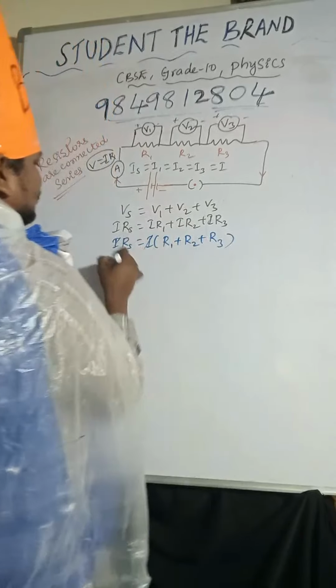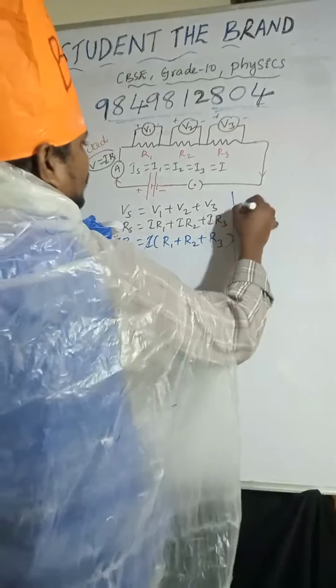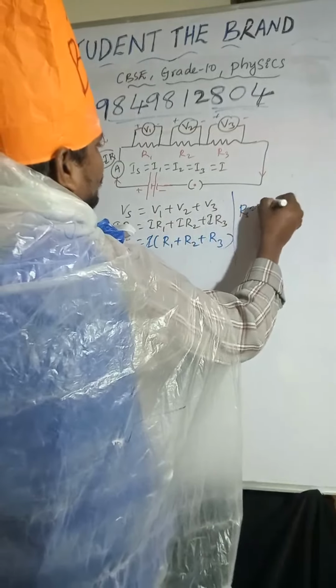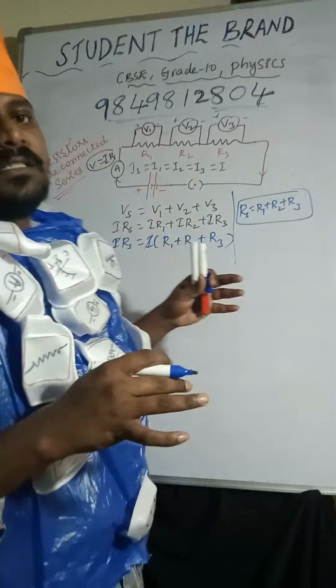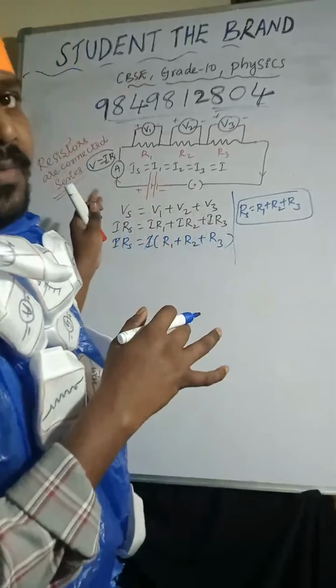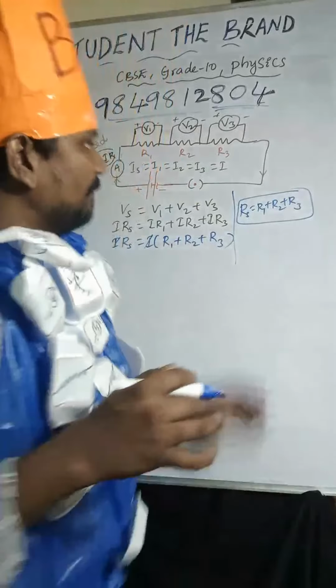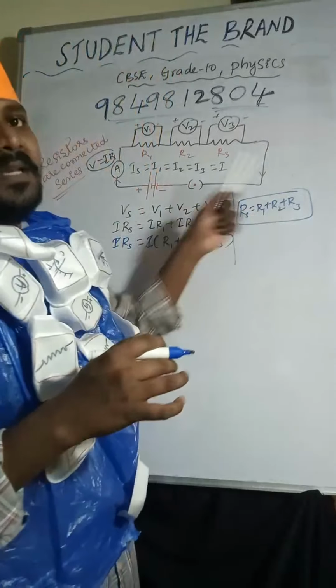So I gets cancelled, and the final formula is RS equal to R1 plus R2 plus R3. So this is about resistors connected in series combination.